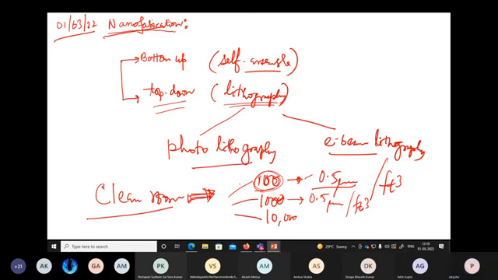Now, what are the steps in the photolithography process? You need to start with your substrate or your wafer, say a silicon wafer. You have to clean it. There are different approaches for cleaning. We clean the wafer because there may be various kinds of contaminants on the top surface.